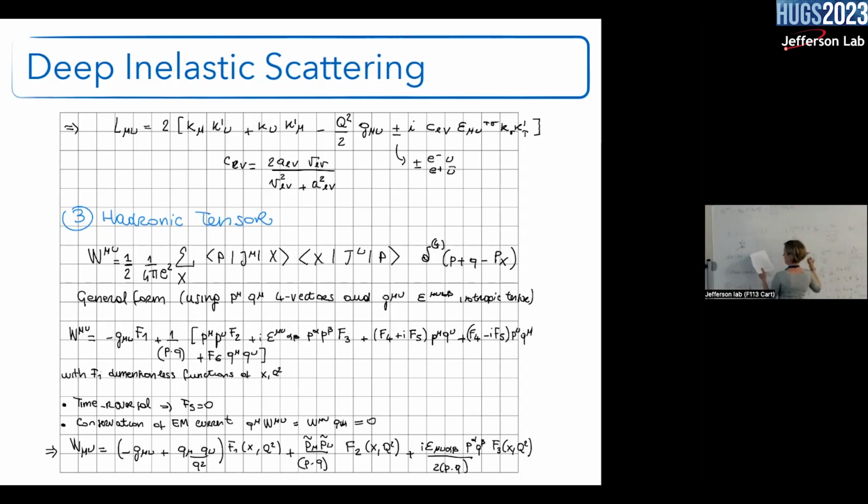And then again, let's do P alpha, P beta. Because of the antisymmetric thing, you also have this stuff, P dot Q. And then you have epsilon alpha beta mu nu, and F3.